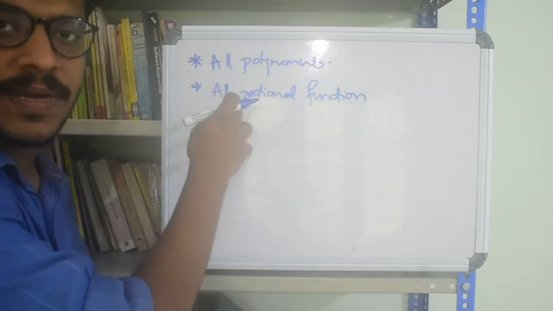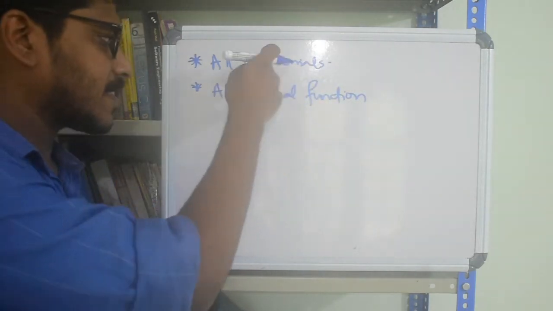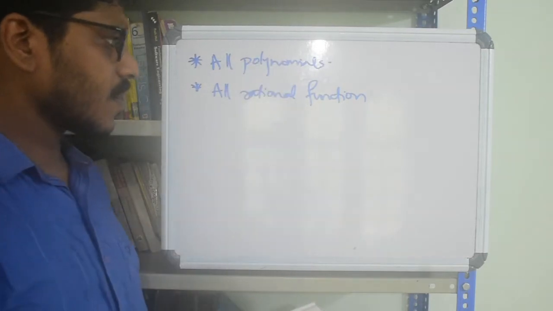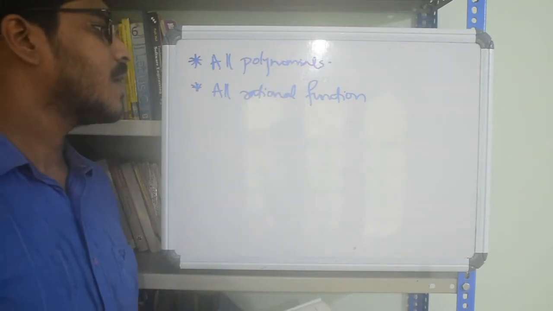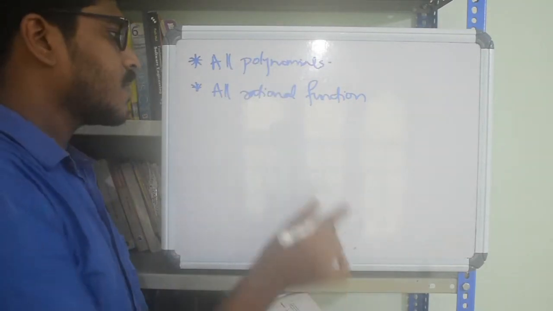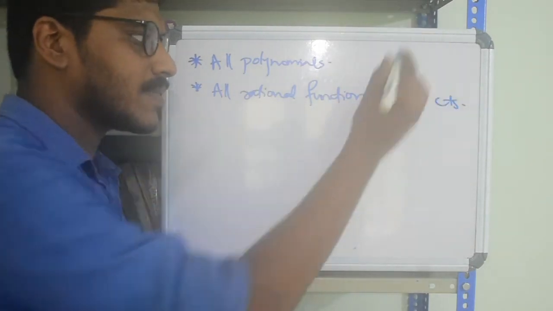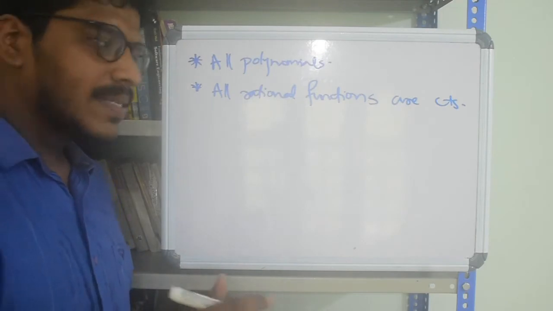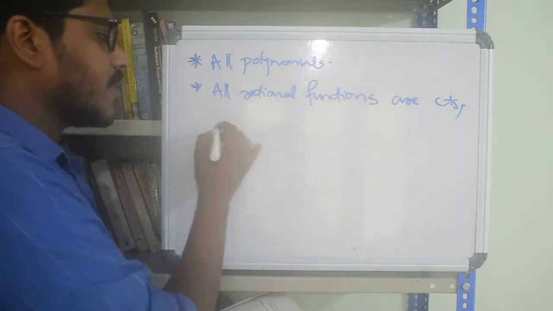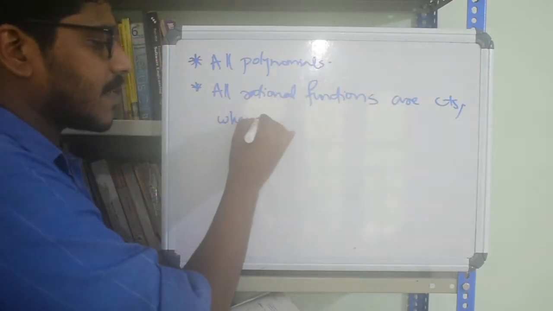You know what a polynomial function and a rational function are. We discussed these terms in our lecture on limits, I think. So all rational functions are continuous, but we need to add something here: continuous wherever they are defined.